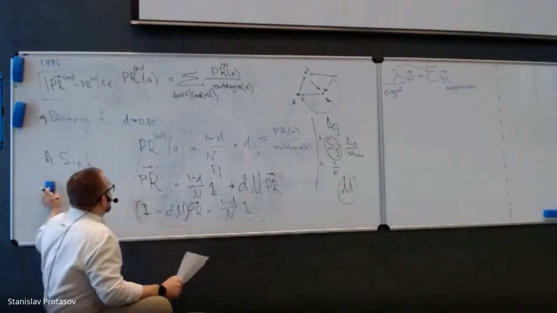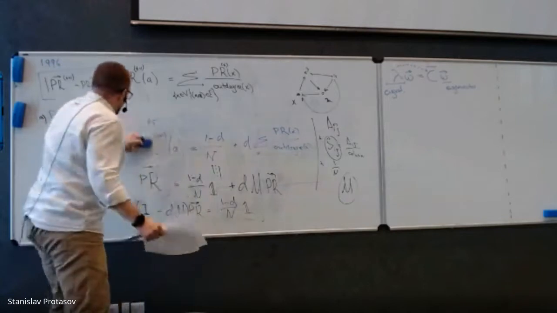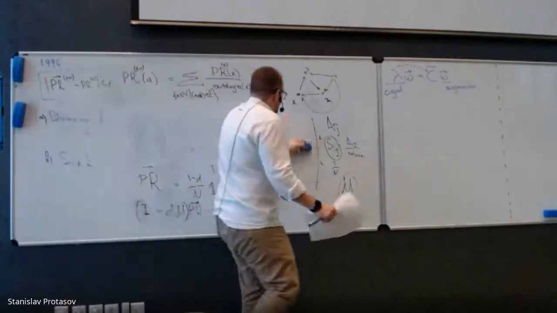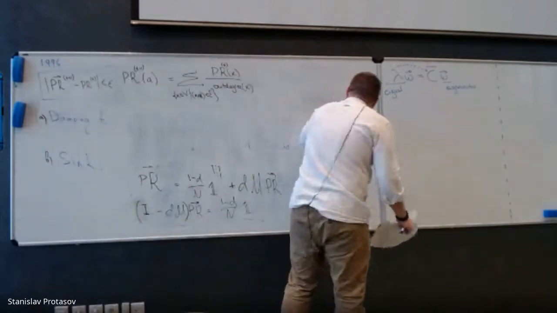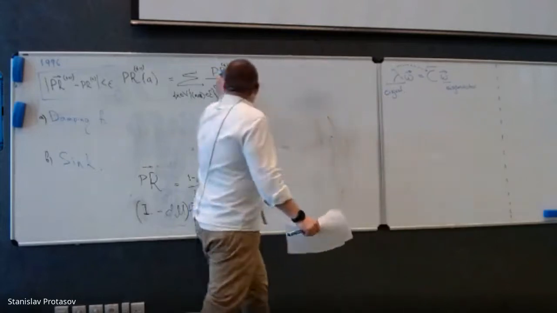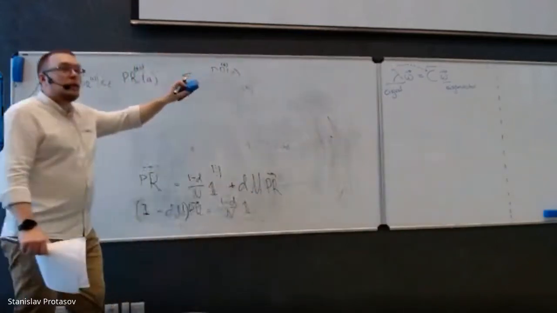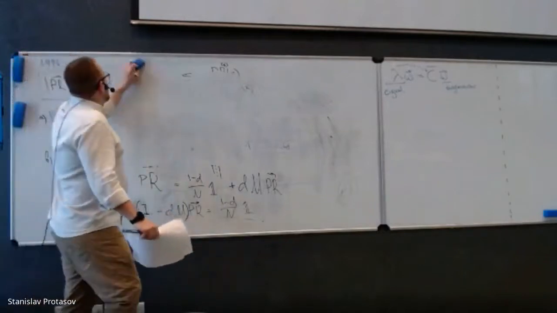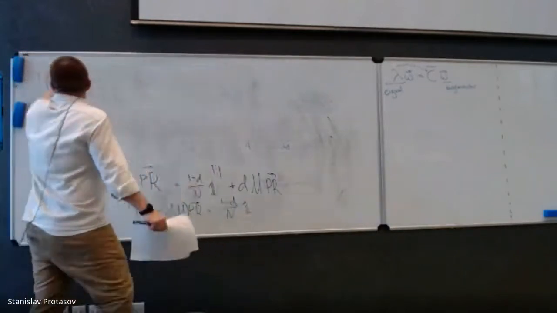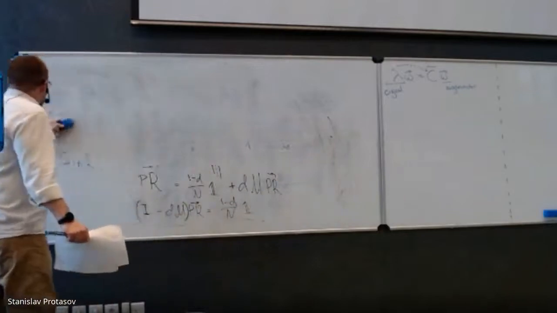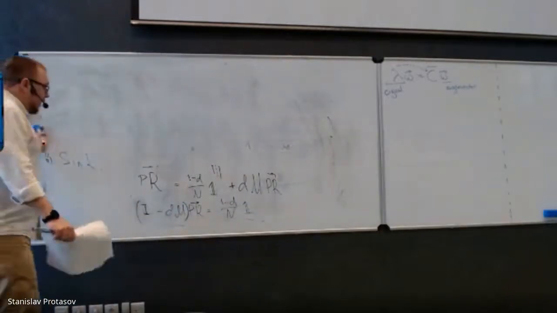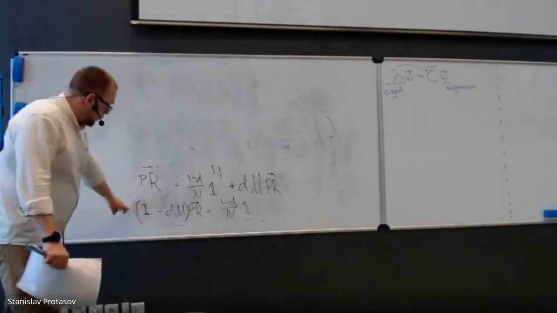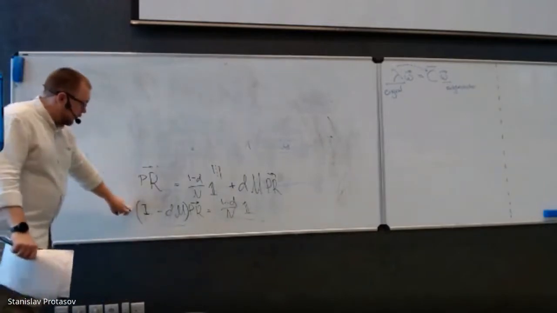So maybe it's slightly confusing, but the idea is that we took this formula and rewrote it in a matrix form, very simple form, and it appears that it's just a set of linear equations. So let's solve it.